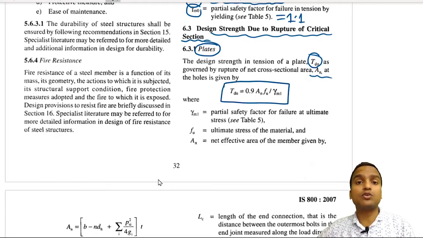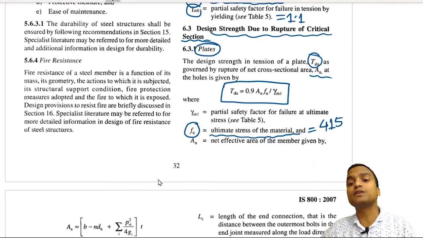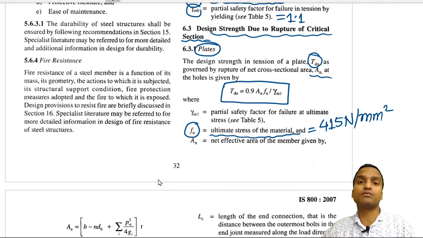Now this formula is almost similar to TDG, but here we are also multiplying a factor 0.9, and this is multiplied by net area into FU. FU here is the ultimate stress of the material, not the yield stress. This is the ultimate stress of the material, which is equal to 415 Newton per mm square for Fe 415.